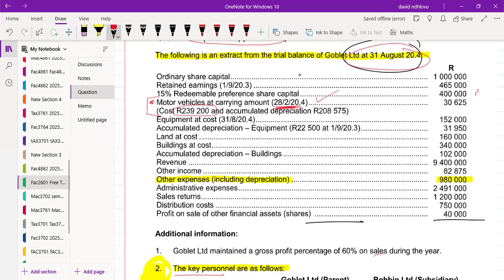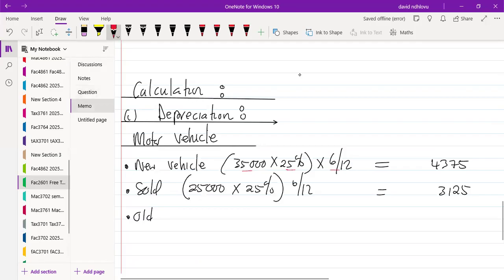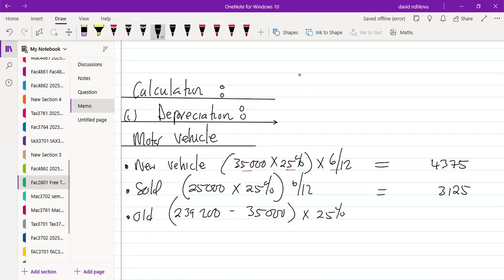But we have added already the new asset because we are at the end of the day, after which we would have already bought the new asset. So therefore, the 239,200 here includes the new asset that we acquired, multiplied by 25%. Let's remove that asset because we already have its depreciation there.